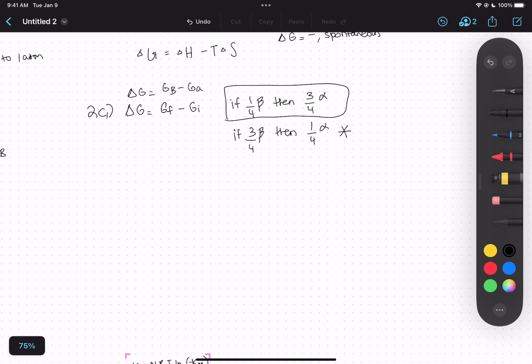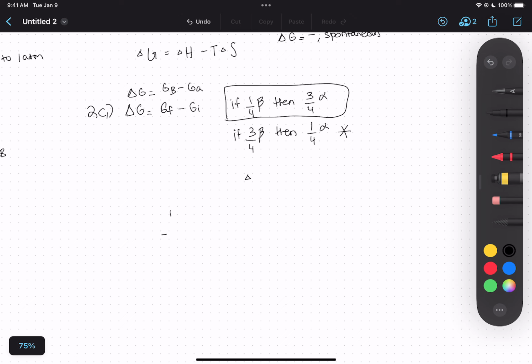So really, the goal here is trying to get everything converted from alpha to beta. So if you're only 1/4 of the way there, 1/4 of the beta, and you want to get to 4/4 of the beta, or 100% beta, that's the goal of any of these reactions, to convert the reactants into products.